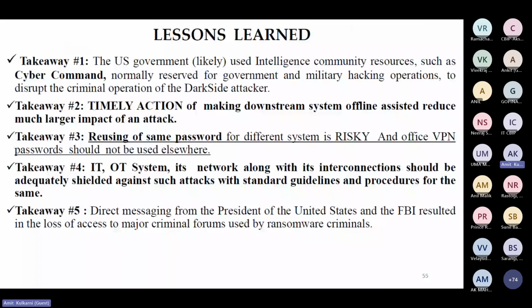So what are the takeaways of this attack scenario and cyber event? The US government used intelligence community resources such as Cyber Command. Let me tell you what Cyber Command is, which is established in the USA. It's like a military command.